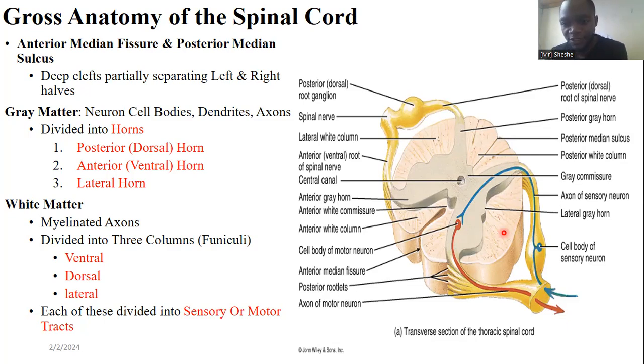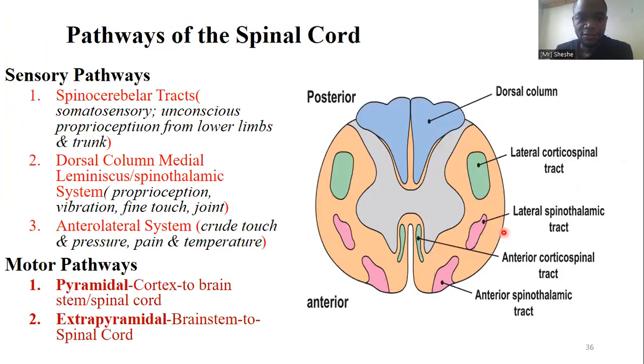Okay, let me just quickly summarize that. Here are those pathways now. Remember, this is gray matter, and gray matter is just cell bodies. We have 3 horns: 2 anterior or ventral horns, this one and this one, 2 dorsal or posterior horns, that one and that one, and 2 lateral horns, this one and this one.